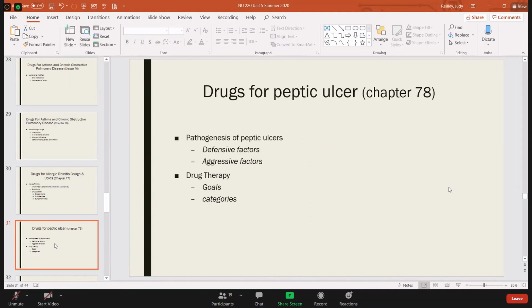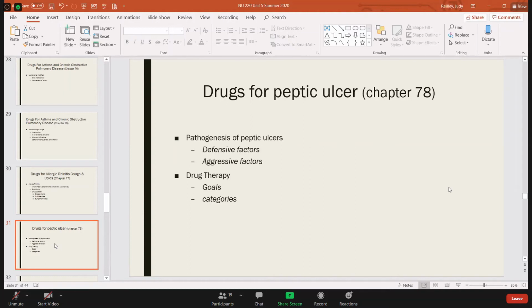The aggressive factors are your H. pylori and your non-steroidal anti-inflammatory drugs. So your NSAIDs are affecting this. What happens is there is an imbalance between the mucosal defense factors and the aggressive factors. So patients end up with an ulcer in their stomach lining, and the goal of treatment is to alleviate symptoms and help promote the healing.